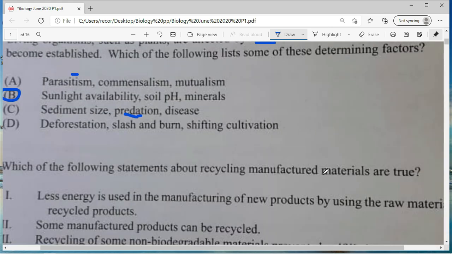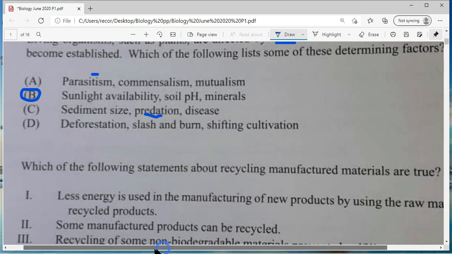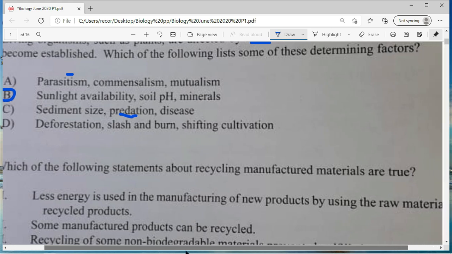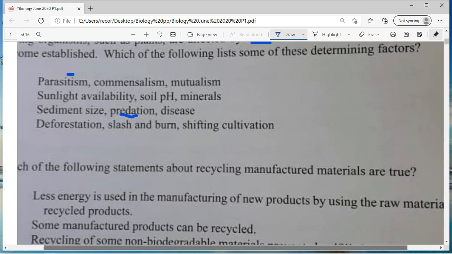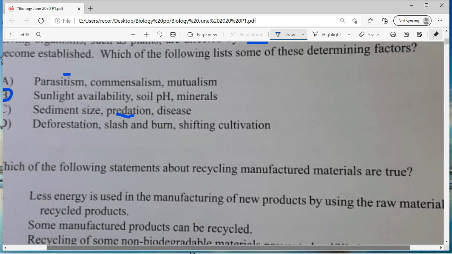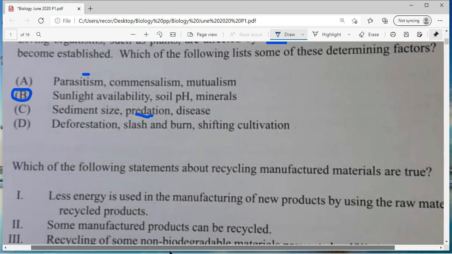And we move on down to the next question, which of the following statements about recycling manufactured material is true? So less energy is used in manufacturing new products by using raw materials from recycled product. Two, some manufactured product can be recycled.